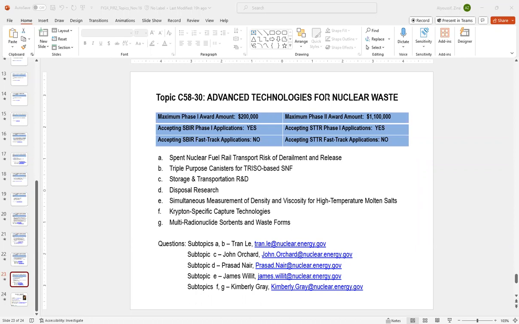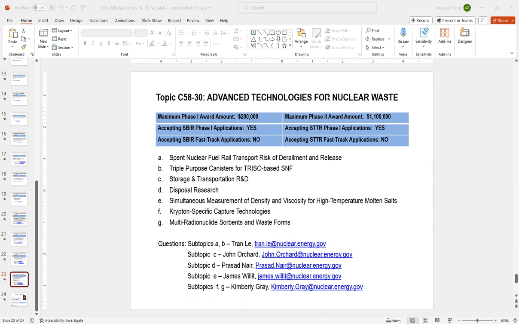Okay, go ahead. Yeah, this is for capturing noble gas fission products, specifically to selectively capture krypton over xenon at or near room temperature, as opposed to doing it by cryogenic distillation.